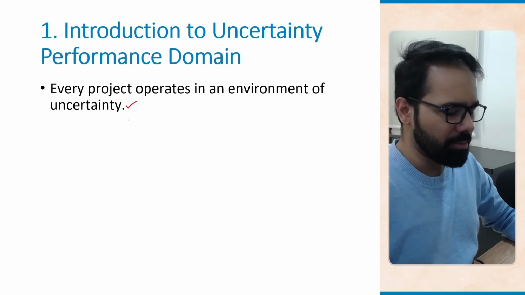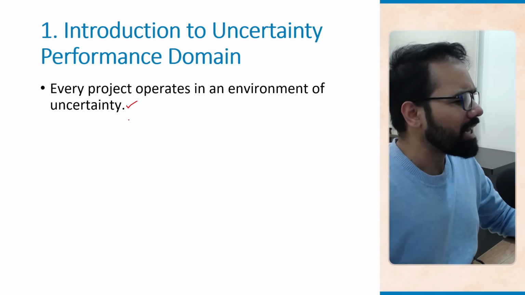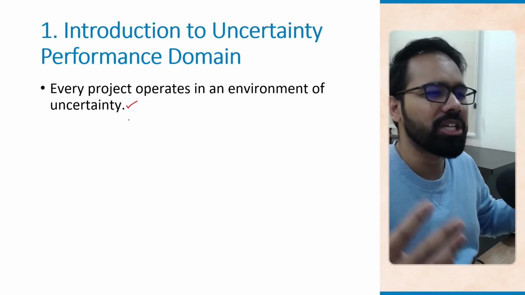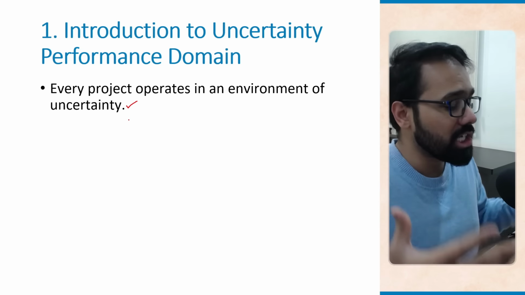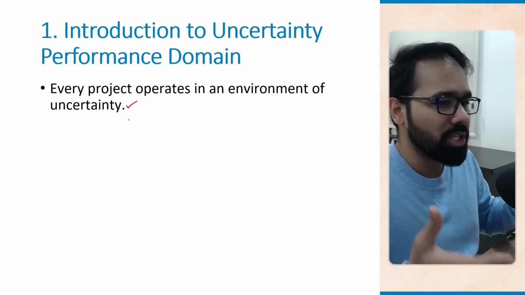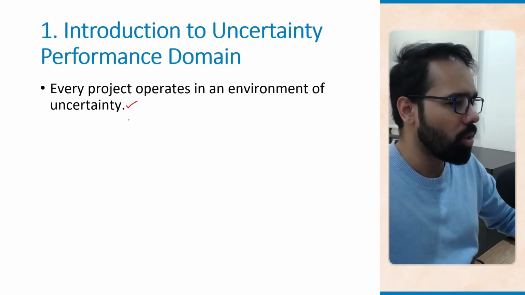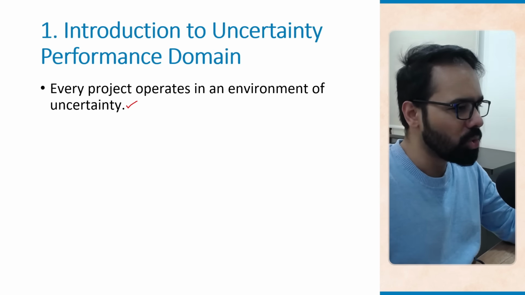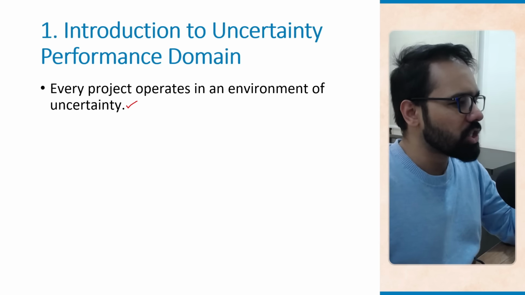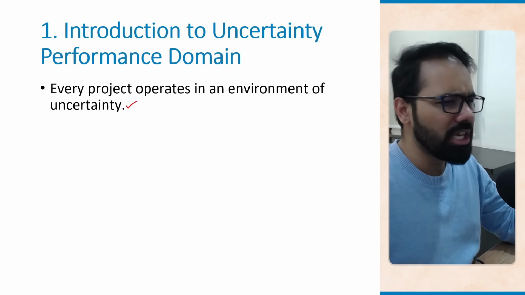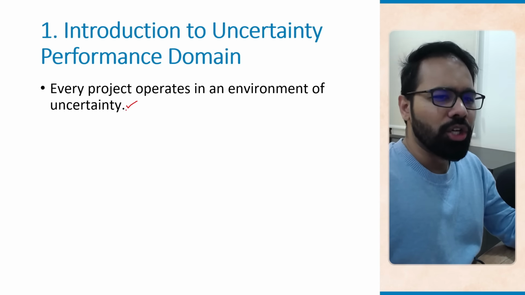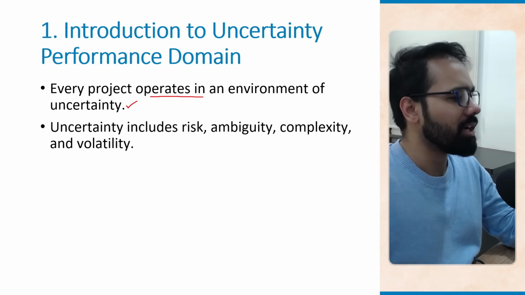So if you're talking about an e-commerce website, you might not know the user preferences, you might not know the market behavior, you might not know the technology constraints that you might face when you are building your e-commerce website, right? So you may have some idea, but it is possible that you don't fully know these topics that we just talked about when it comes to an e-commerce website project, for example. So that is why it is true that every project operates in an environment of uncertainty.